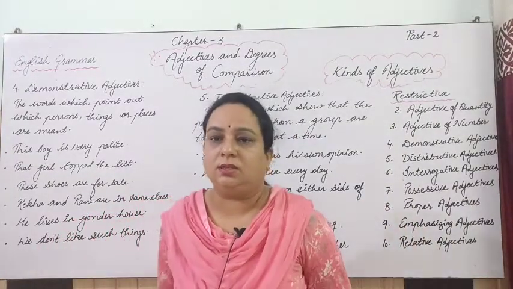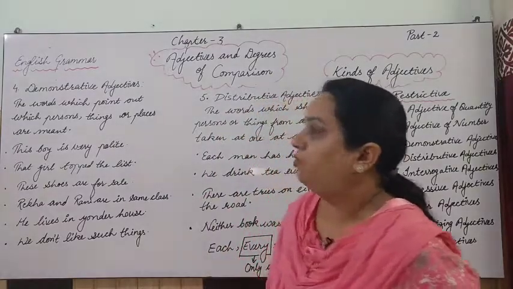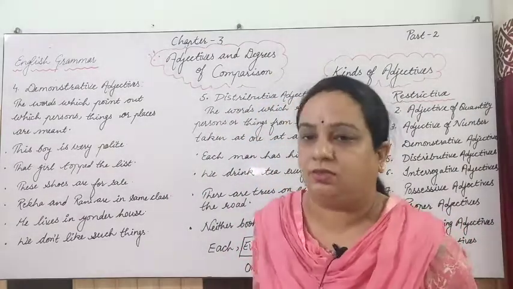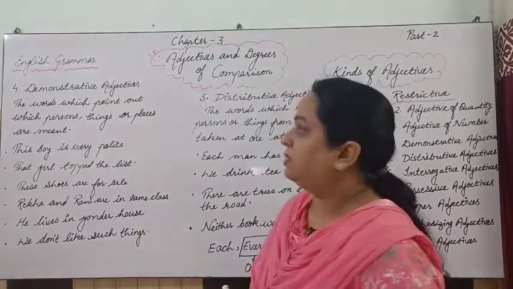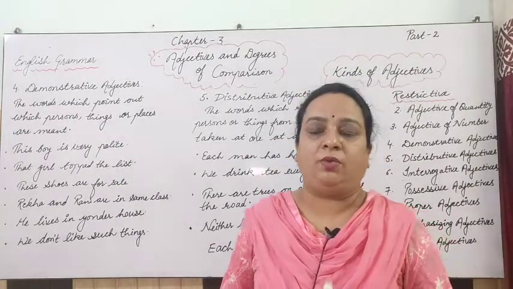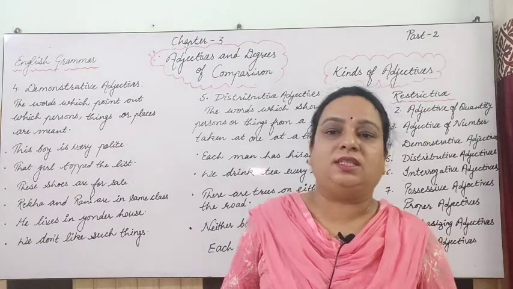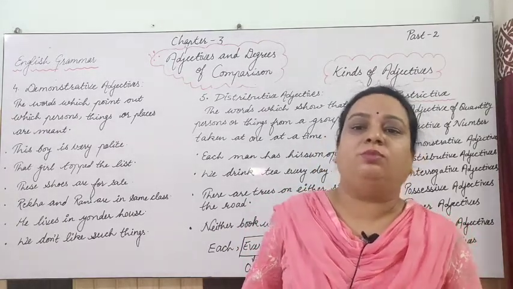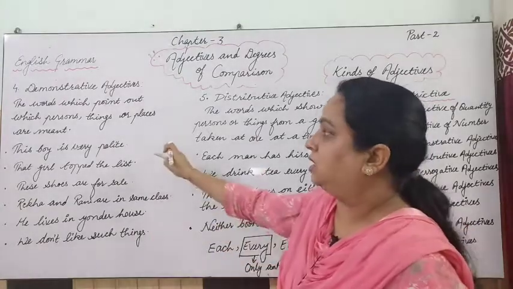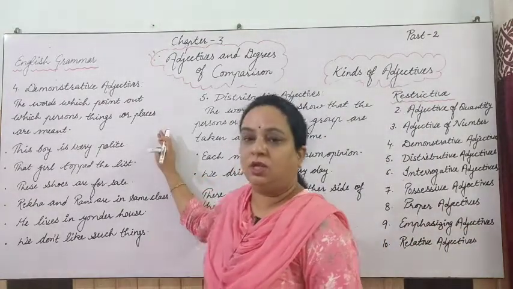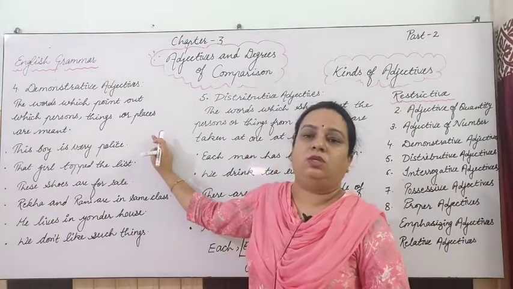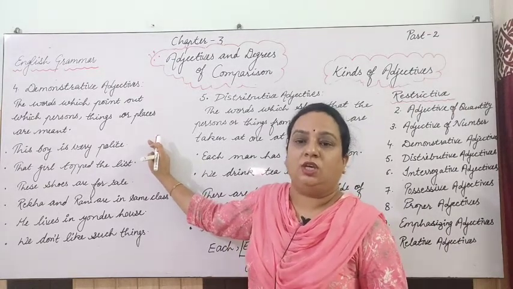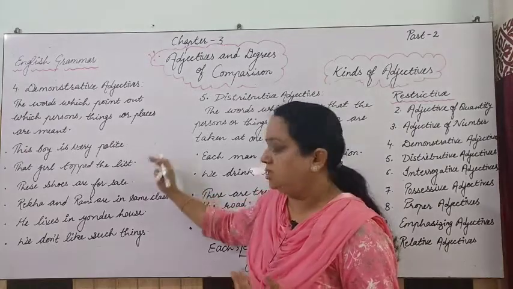Now let's discuss kind number 4 of adjectives, and the name of this is demonstrative adjectives. When we talk about demonstrative adjectives, the words that quickly come to mind are this, that, these, those. But along with these words, we have some more adjectives in this category. Please note down, the words are this, that, these, those, along with such, yonder, same.